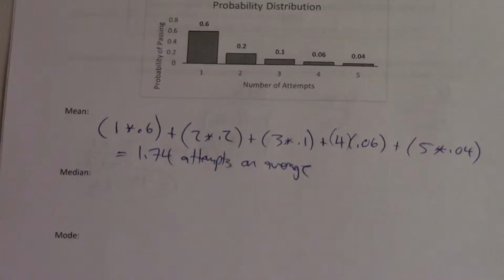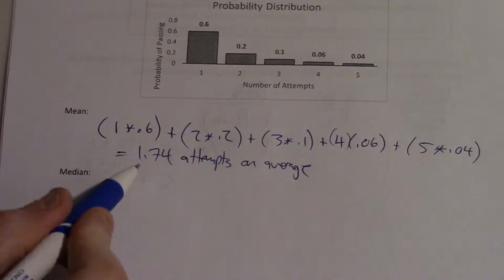So this is sort of weird as we try to think about this. If we randomly picked one of these people, we would expect that they needed 1.74 attempts to pass. Well, you can't do 1.74 attempts. You can do 1, you can do 2, you can do 5, but you can't do 1.74. So the mean doesn't have to be one of our values of the variable.